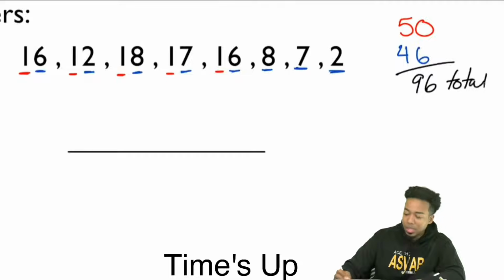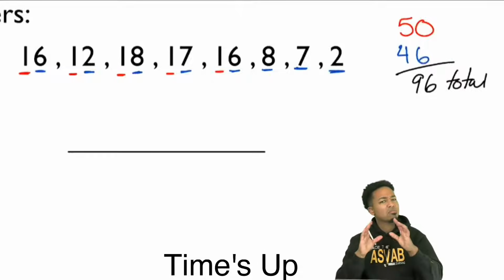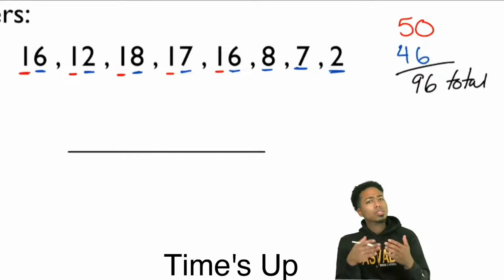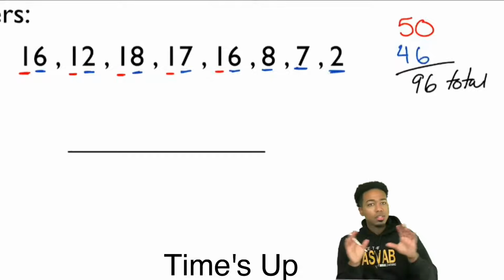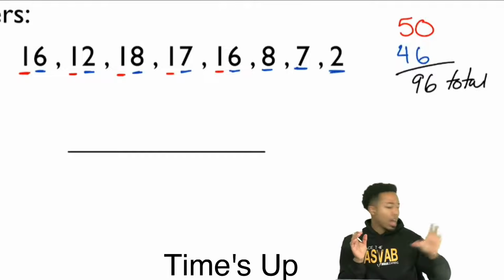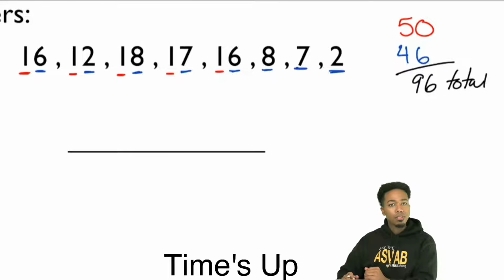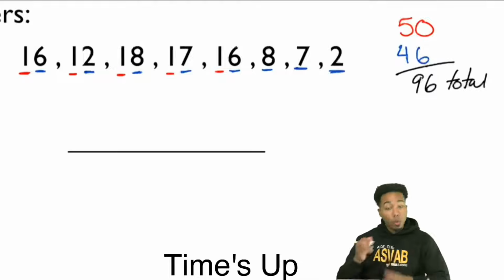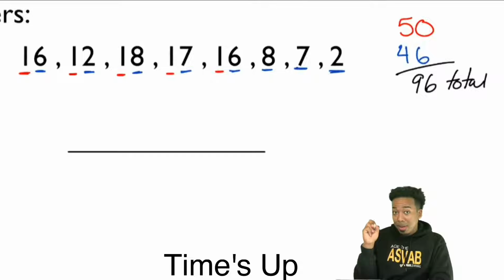Yes or no, everybody? Did that hint of mental math make any sort of sense? Cool. And notice how I was able to stay calm, cool, and collected throughout it. I chose to use that strategy, and that's all I did. I just went through the tens places, added all those up. Cool, here you go. That's 50. Then go through all the ones, and that way you're not writing it by hand, step by step by step.